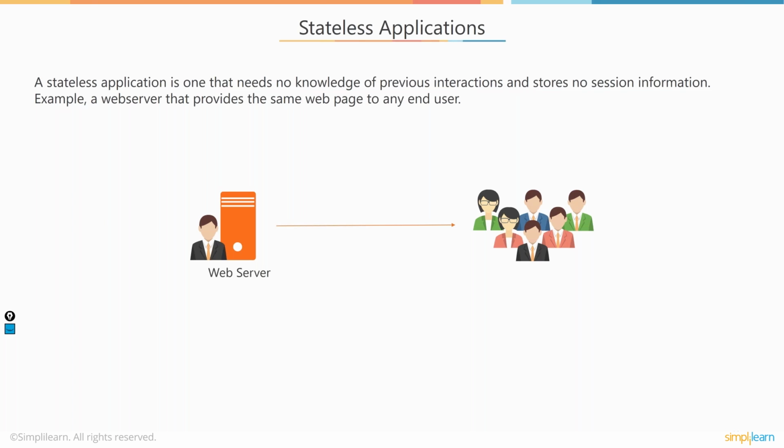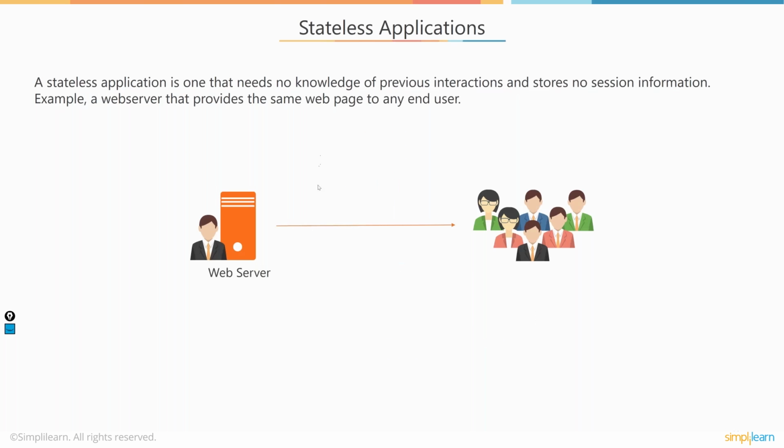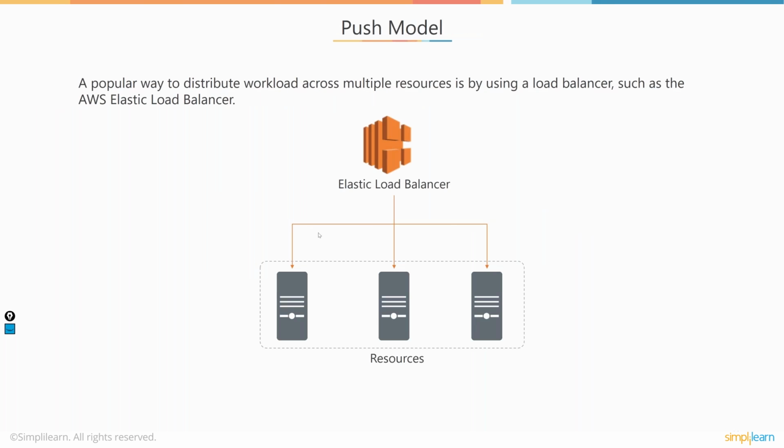An example of that would be a web server that provides the same web page to any end user, which is stateless, which means nothing really on the website changes. Maybe even if it's dynamic, that doesn't really matter. There's no information kept about the user, which means you can add any number of servers. It's still stateless. Now, pretty much that's what it is. I'm going to define stateful a little bit later. It's somewhere in the slides as well.